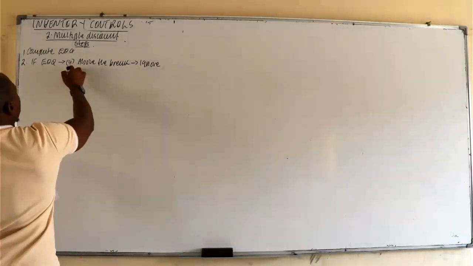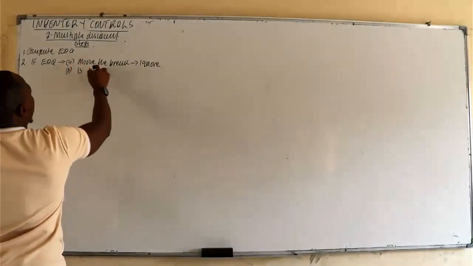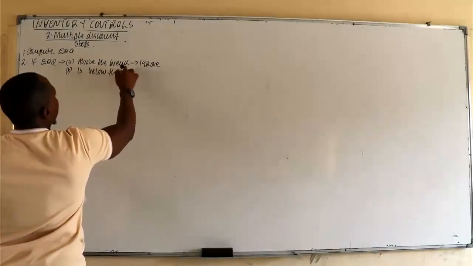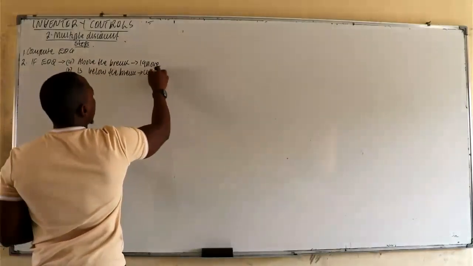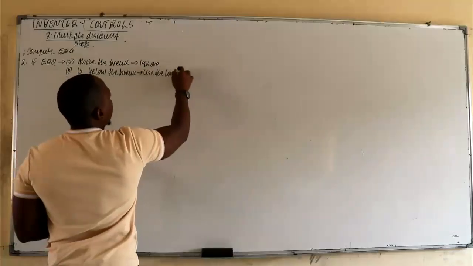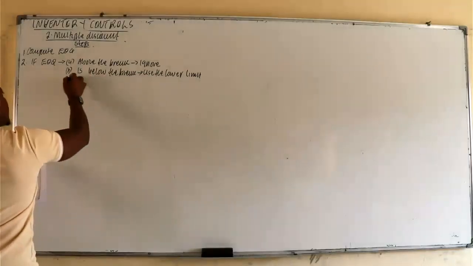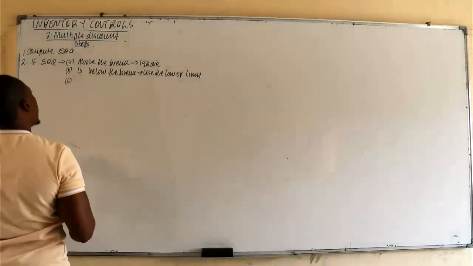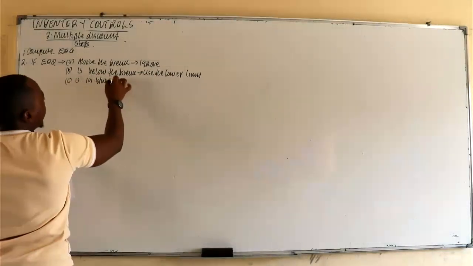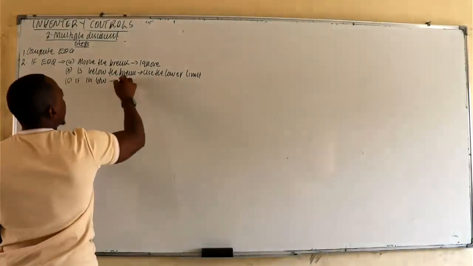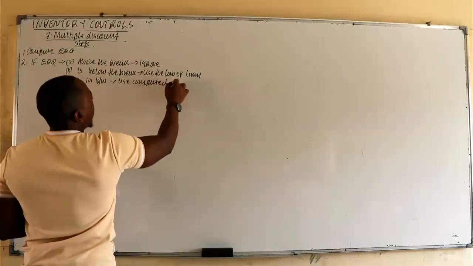Then number B, if EOQ is below the break, use the lower limit. But if the EOQ is in between a given range, use the computed EOQ.